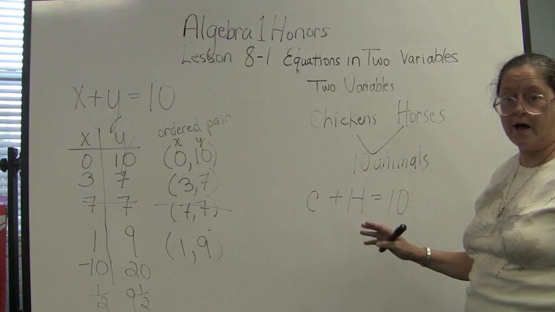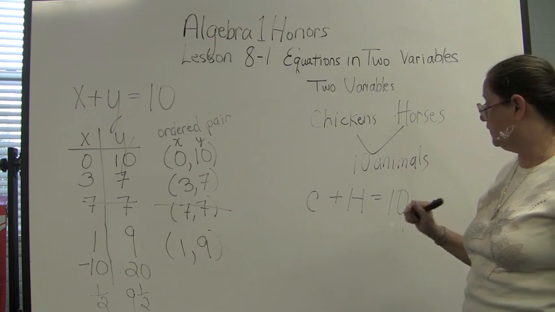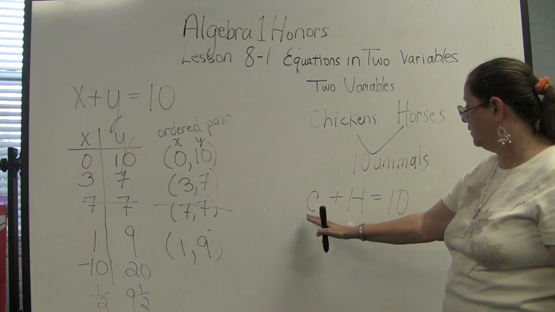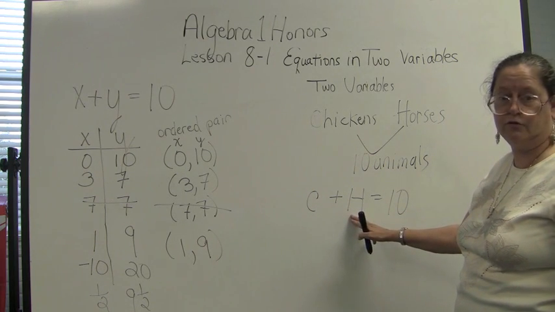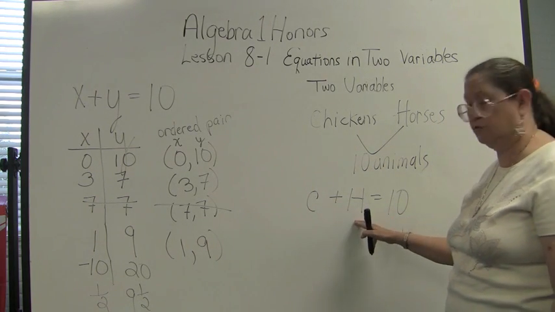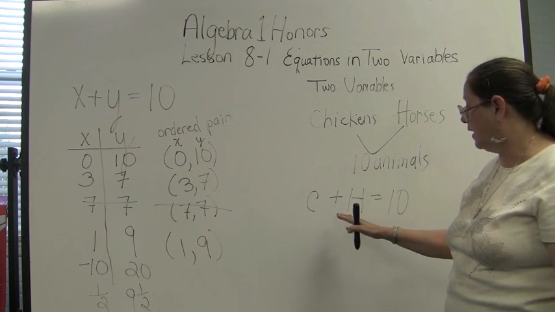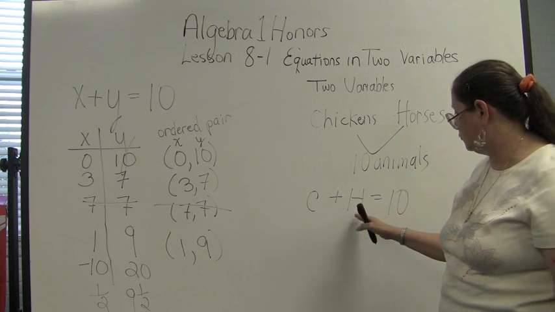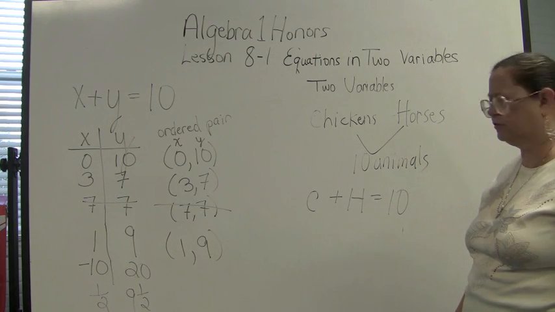Now, if I only tell you that, my one equation, then there are lots of solutions. I could have no chickens and 10 horses. I could have 5 chickens and 5 horses. Okay? I could have 7 horses and 3 chickens. Lots of solutions.